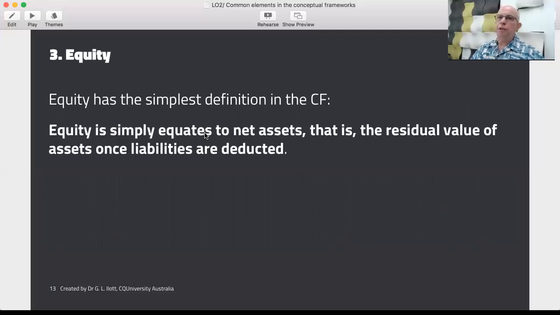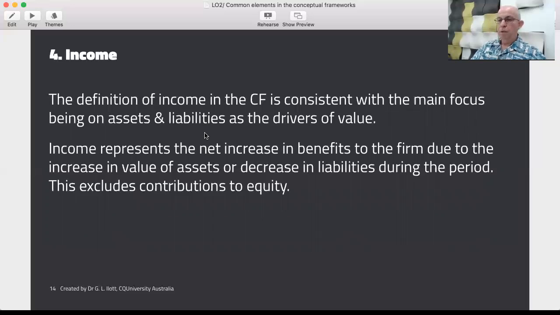Equity is regarded by the conceptual framework as simply equaling your net assets. So in other words, the residual value of all your assets, once the value of your liabilities are deducted, that amount your equity must equal. Income represents the net increases in benefits to the firm due to increase in assets or decrease in liabilities or both.